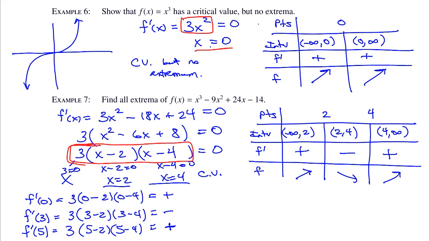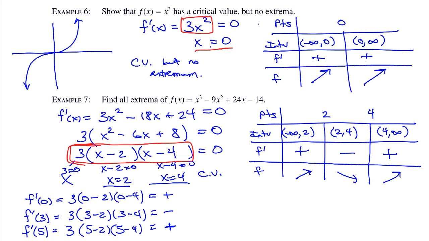Now we want to identify the extreme types and their values. So when the book asks for the extreme value, that is the y value. Okay, so we'll have to figure that out on the calculator. But first, let's identify what type of points we have.